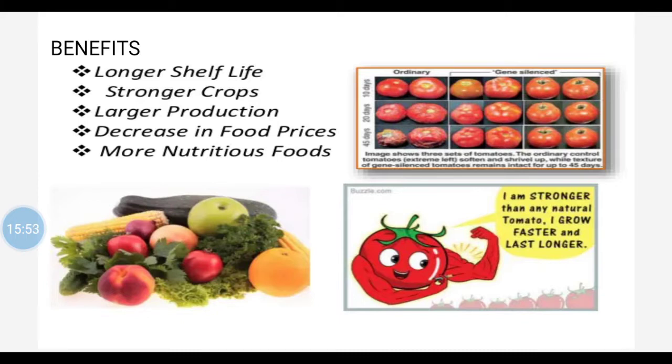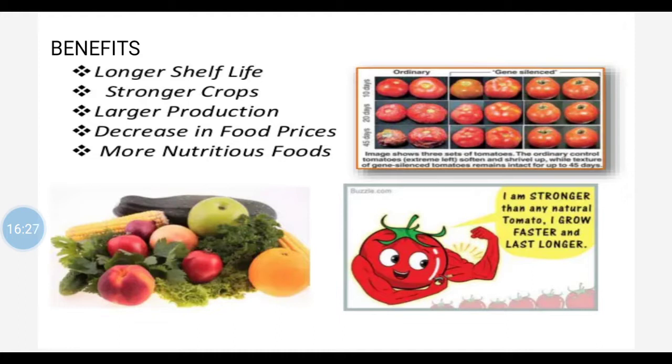There are three sets of tomatoes you can see. The ordinary control tomatoes, on the extreme left side, become soft and may decay after some time. While the texture of the gene silenced tomato, that is the genetically modified one, remains intact for up to 45 days.